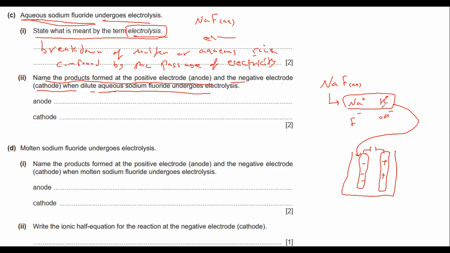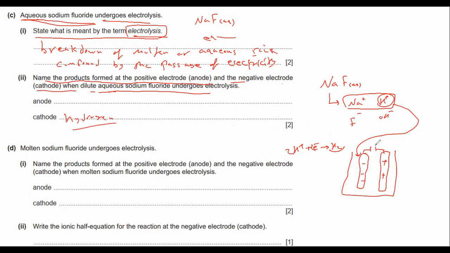As I explained in the previous question, H plus is the one that will be reduced. So H plus plus an electron gives us H2; for balancing, 2H plus plus 2 electrons. So the substance produced at the cathode is hydrogen.